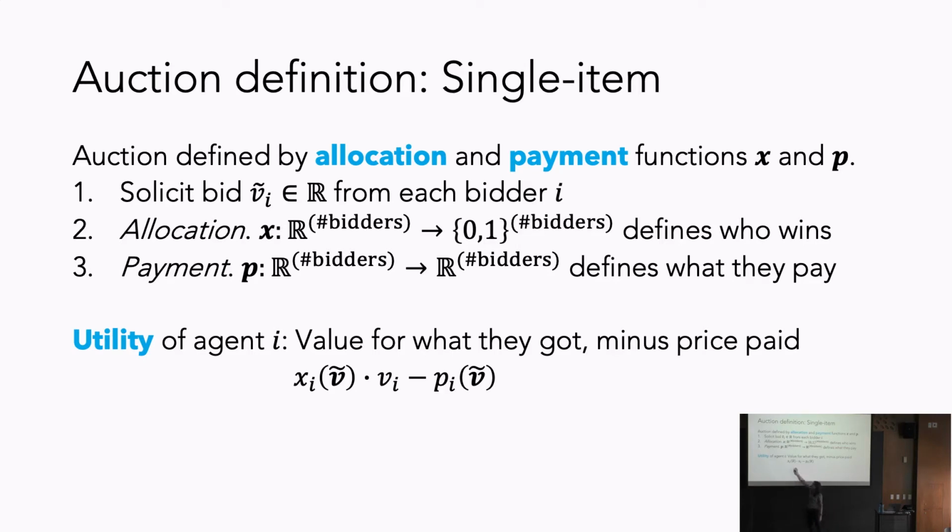If they didn't win the item, their utility is going to be the negative of the price they paid. Throughout this talk, I'm going to assume that this utility is bounded between -1 and 1, and we can generalize this to bounded intervals -h to h, and the h would just appear linearly in our bounds.